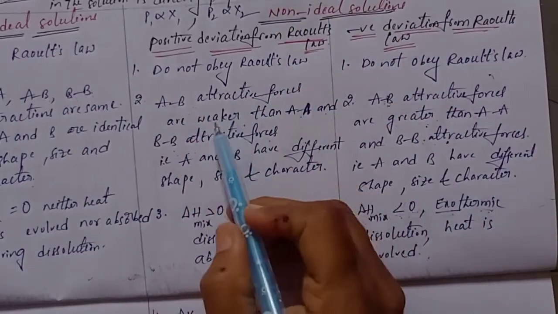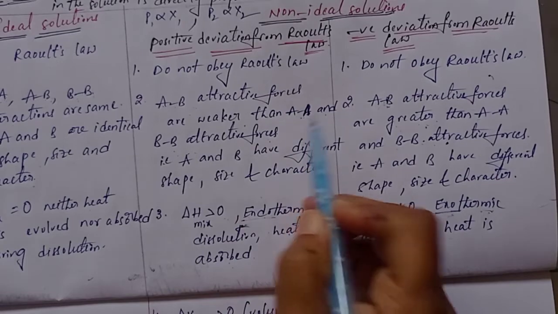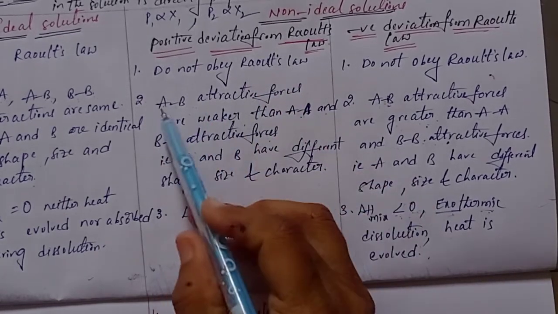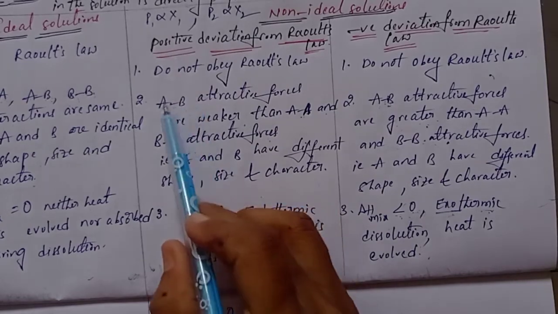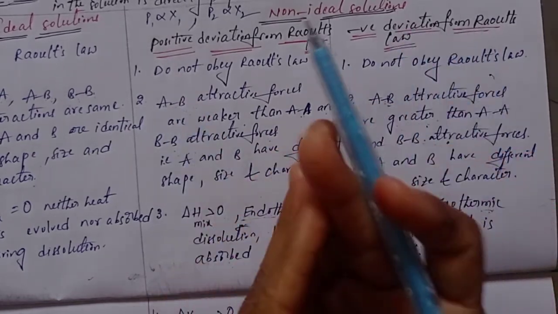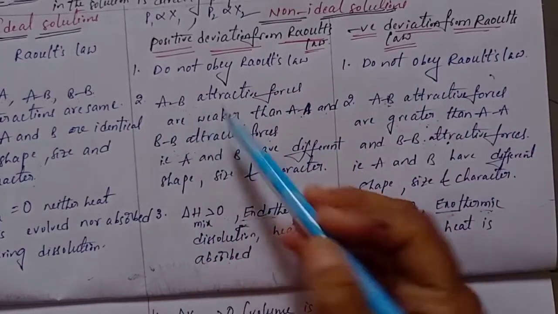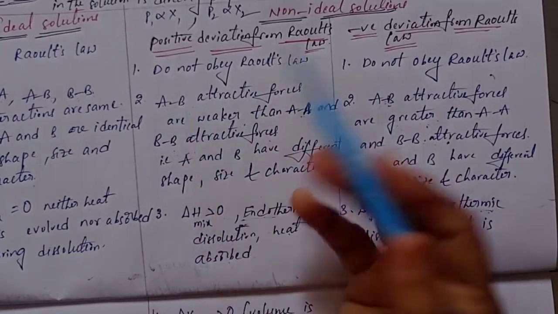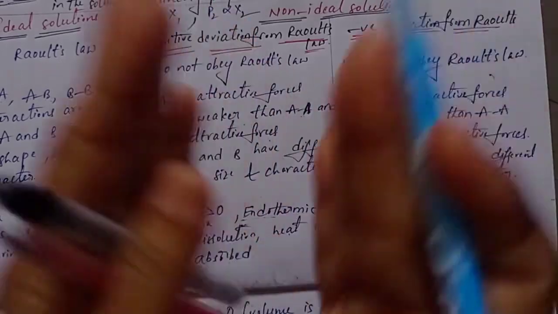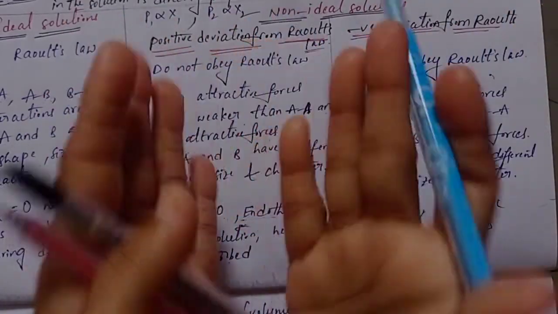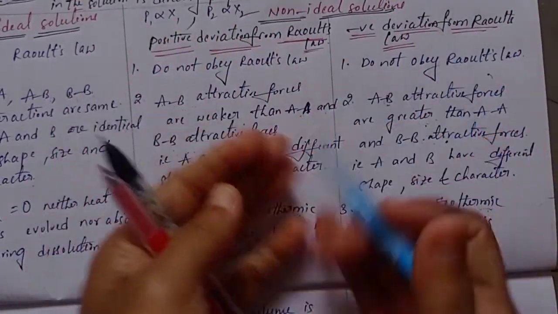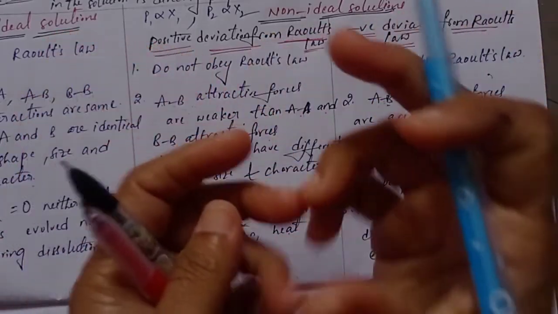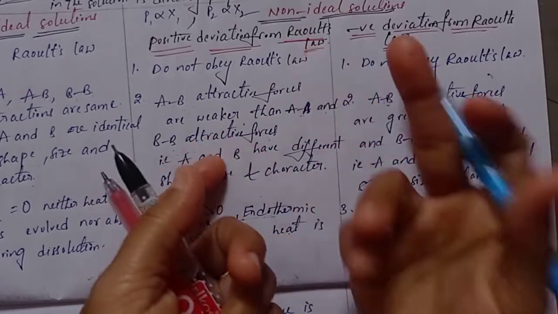After component A and component B are mixed, the attractive forces are weaker, so the AB components move away from each other. That's why volume increases after the dissolution.